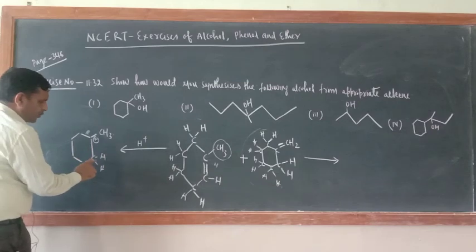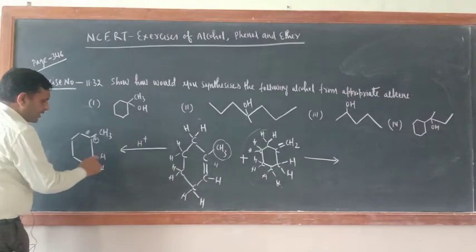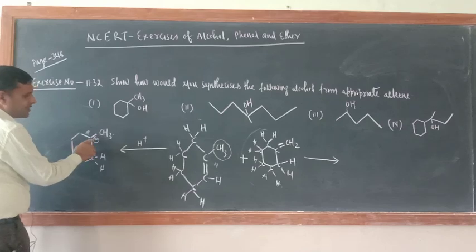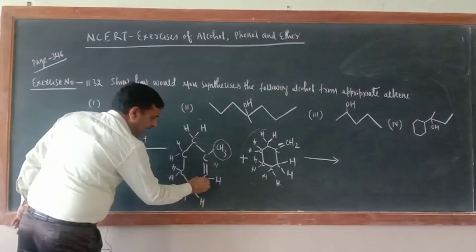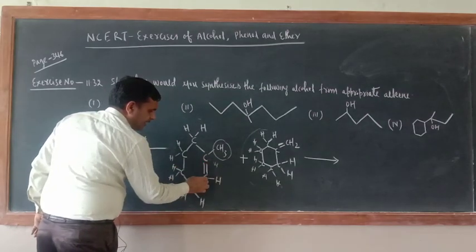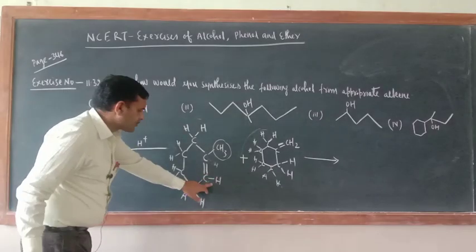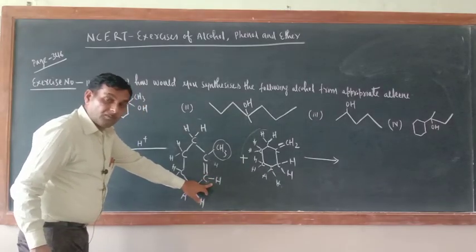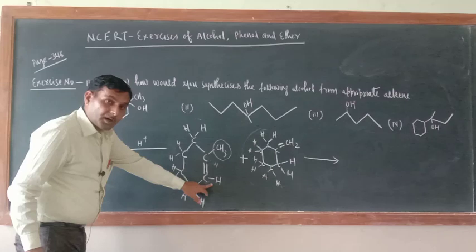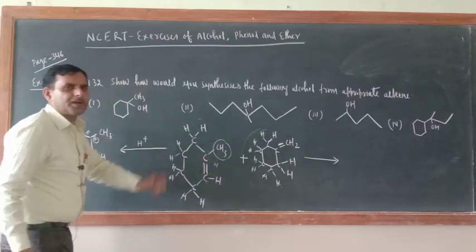So it is better to add H positive here so that a 3 degree carbocation is generated. But if you add the proton here, then how many degree carbocation will be generated? 2 degree carbocation. The positive sign will come here. So now where should the proton be added? The proton should be added here so that a 3 degree carbocation is generated.